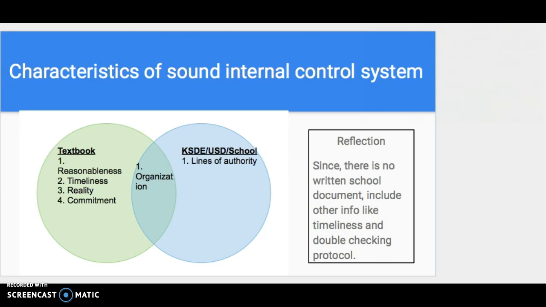If I was the principal reflecting on this, I'd want to double check our protocol. I found nothing specific to timeliness or to whether it was reasonable, and commitment is, I think, more of an action than something that's written.